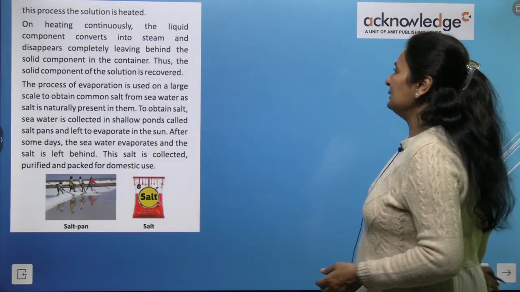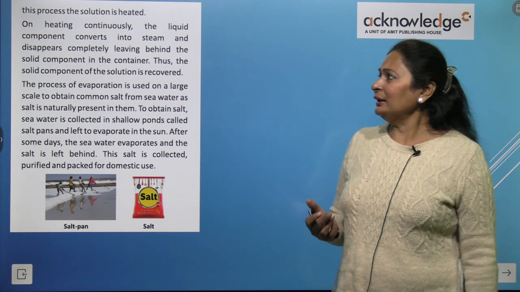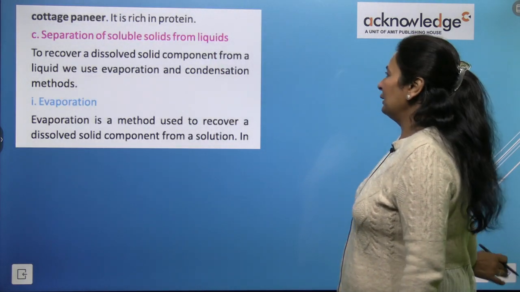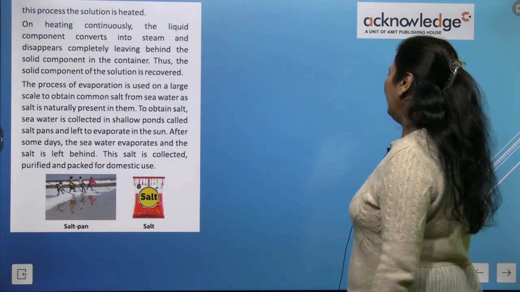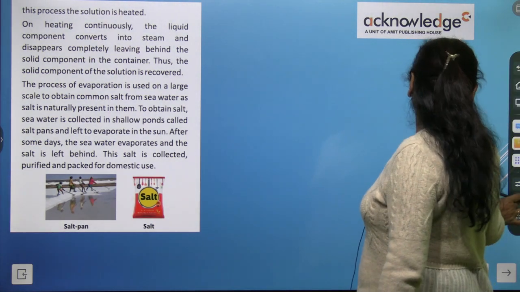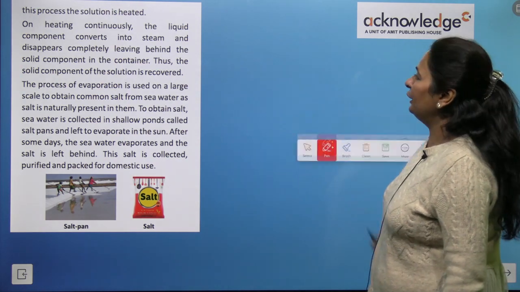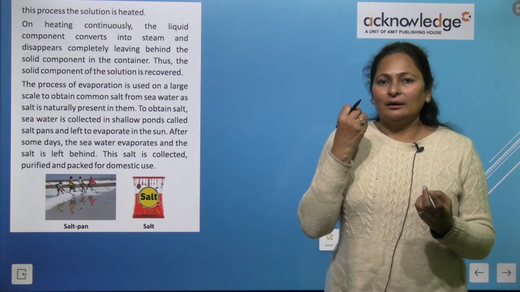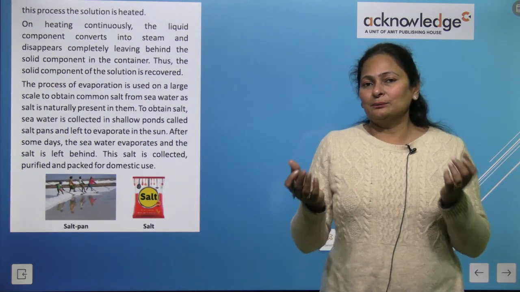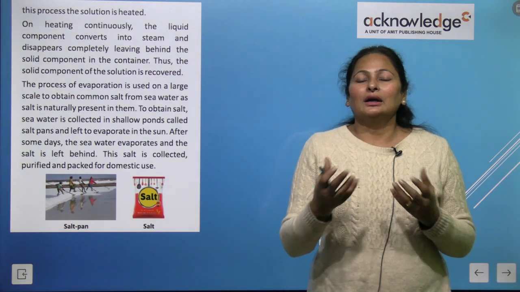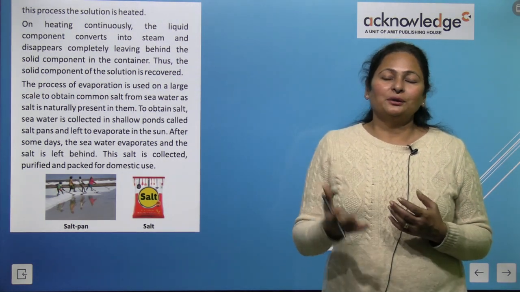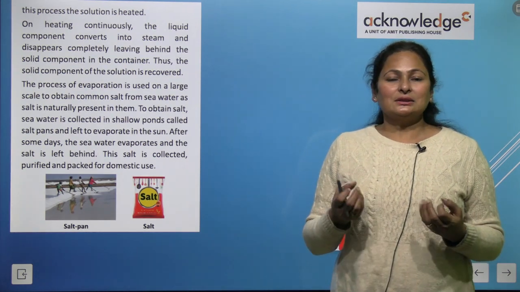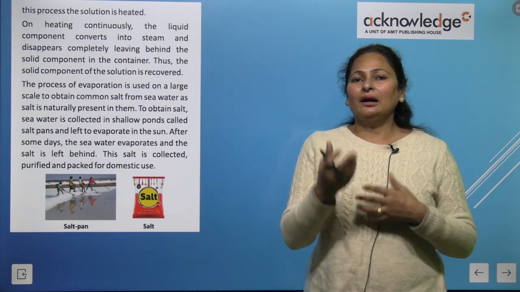We all know what evaporation is, right? On heating continuously, the liquid components convert into steam and disappear completely. Suppose you have kept a glass of water in a container on the burner and the gas is turned on, then it will boil.